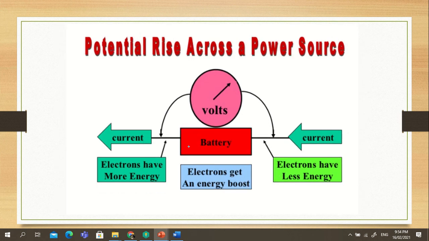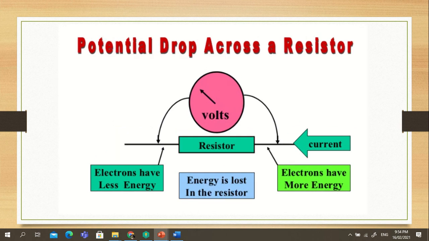Or you can interpret this as when you have the battery. When you measure the voltage, we have the voltage going to the right means high, and then when you put the resistor across that voltage source, the battery, then you will see that the voltage will be lower.